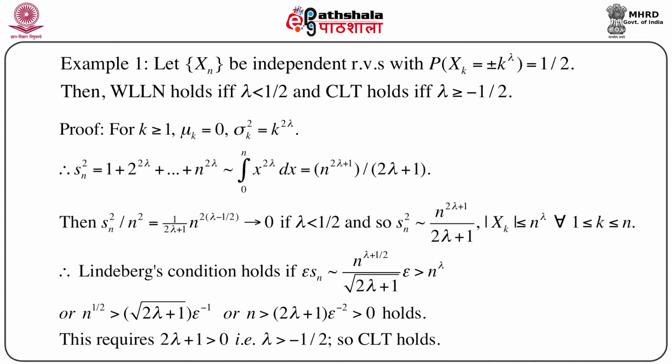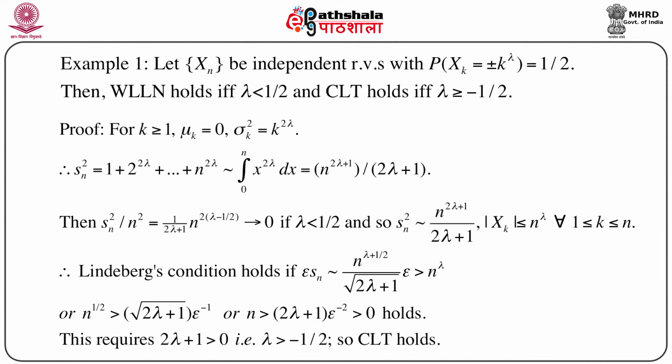So it goes to 0 as n goes to infinity. So we can say immediately that Sn square is now n to the power 2 lambda plus 1 by 2 lambda plus 1, and mod Xk is less than or equal to n to the power lambda for every k between 1 and n.